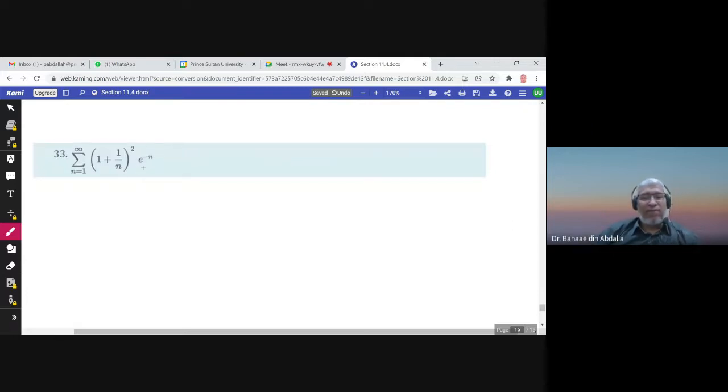Well, here 1 over e to the power n, this is a geometric series. So if I take bn equal to e to the power negative n, which is 1 over e to the power n, summation 1 over e to the power n is a convergent geometric series because r is 1 over e and it is less than 1.